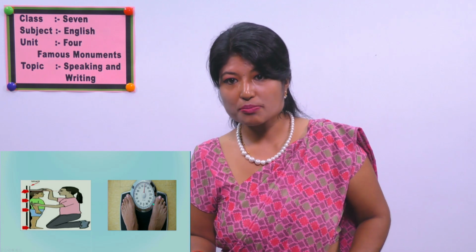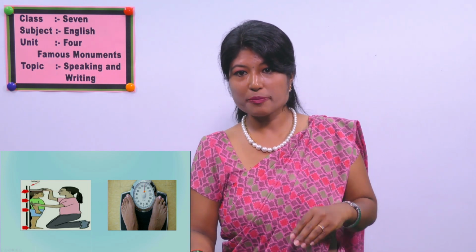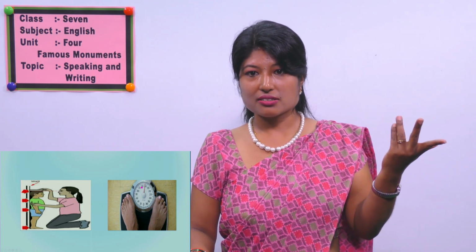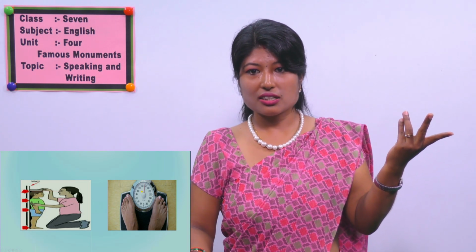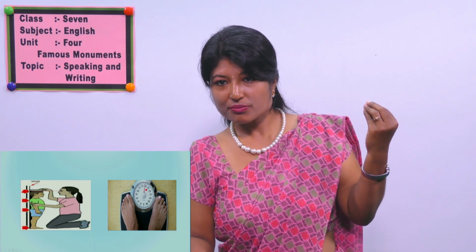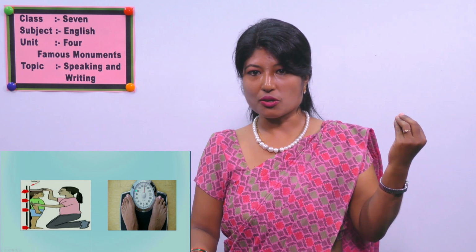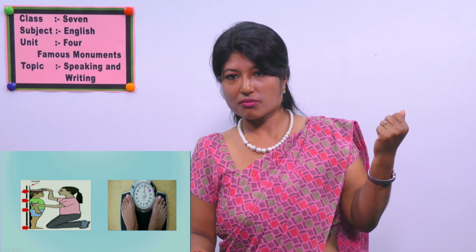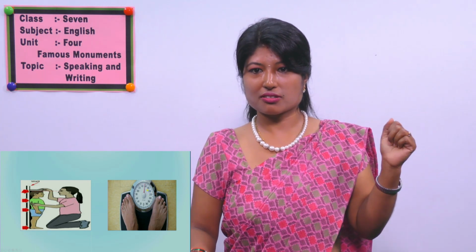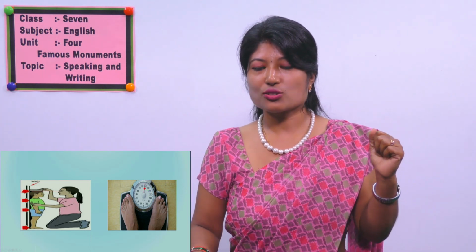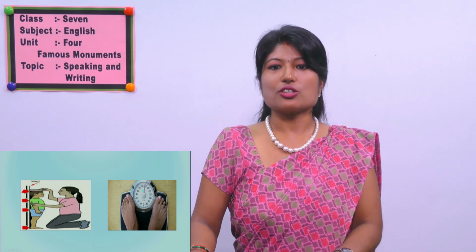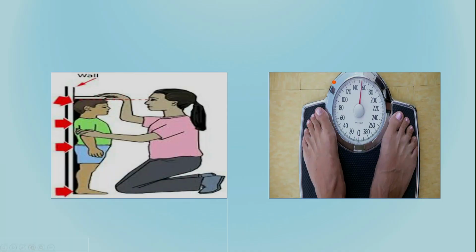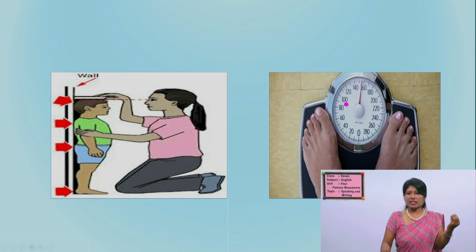So how much does this person weigh? See, what is this? 60? 160? 60 kg? No, 140, 150 maybe. So much weight. Okay, not so clear. This scale shows 80, 100, 120, 140.